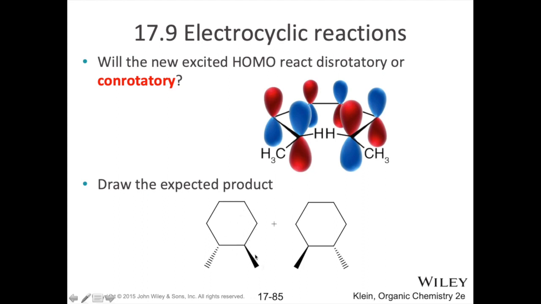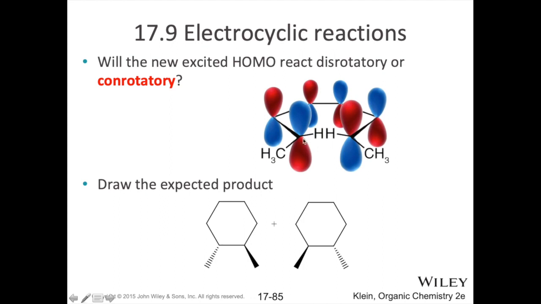Again, just as before, the fact that this product is trans is a combination of that conrotatory rotation and the starting position of those methyl groups. Because those methyl groups were both pointing outwards like this, the conrotatory rotation made a trans product.